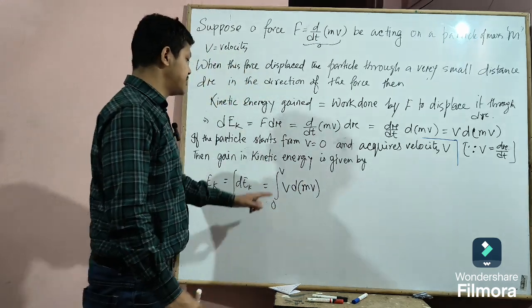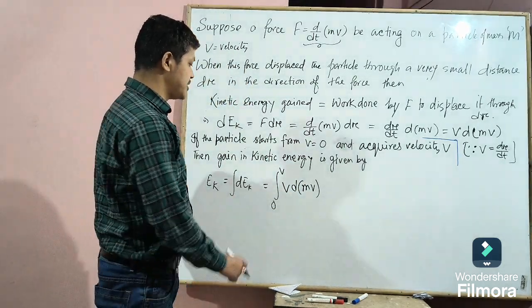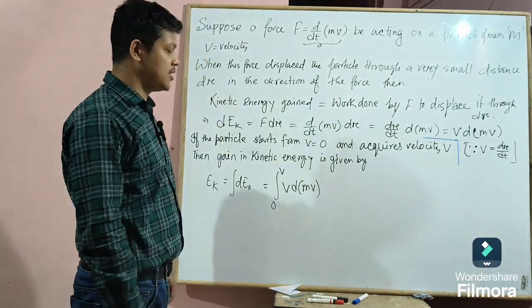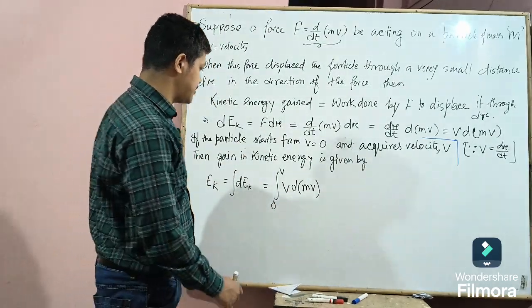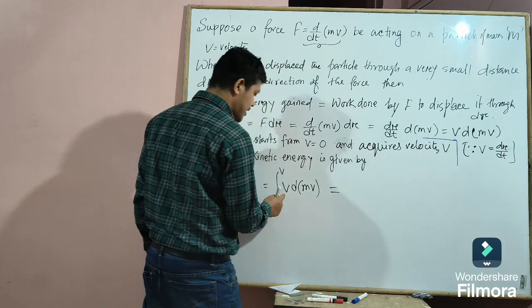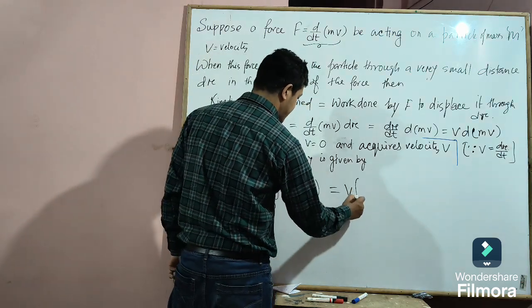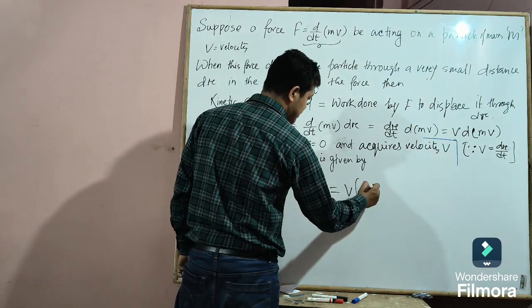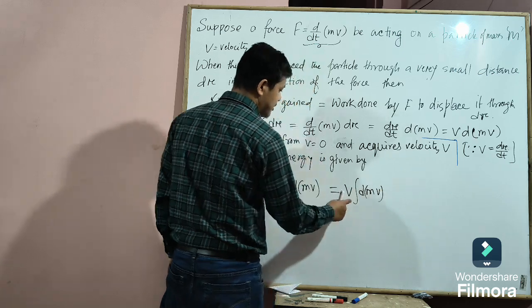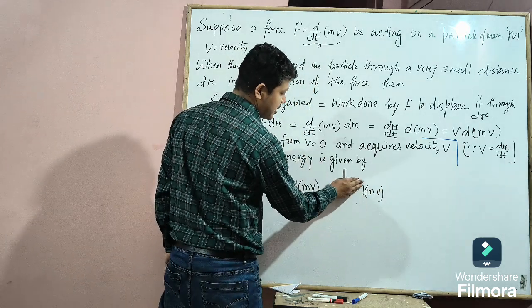If we integrate this by parts, using the product rule, what are we going to get? The first function times the integral of the second function d(mv), and the integral of d(mv) is mv.